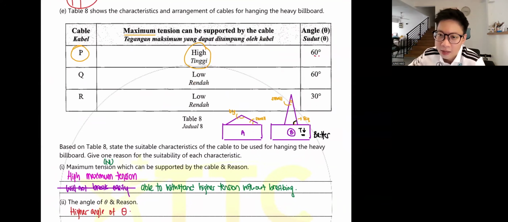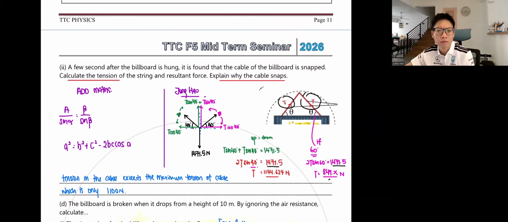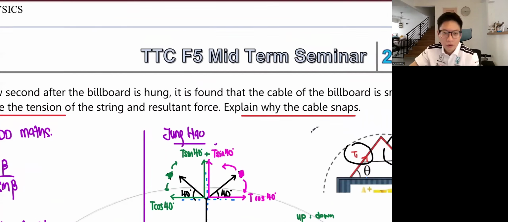Ken, you must remember physics, the ugly one, most of the time correct. The ugly one is better. Oh, what people say, ask, wait. Oh, resultant force.